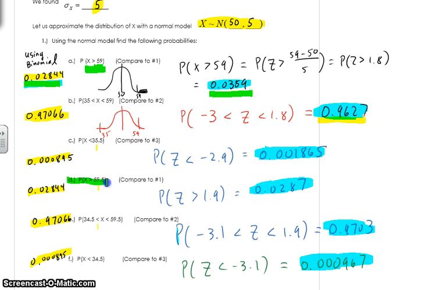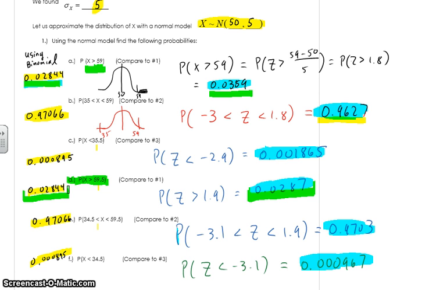So for part D, I'm saying greater than 59 and a half. This is known as a continuity correction to make our approximation better. Now, we're not really going to mess with this too much in this class. I just wanted to show you how close we could actually get if we make this correction. All right, so here is what we get using a normal model, 0.0287, and here's what we get using a binomial model, 0.02844. Look how close those are.